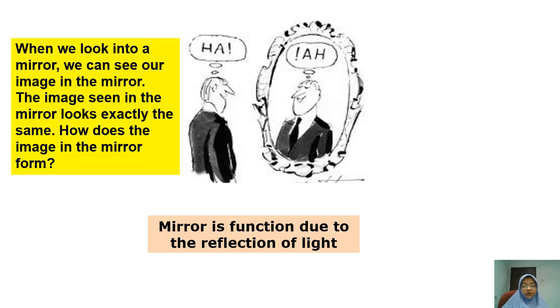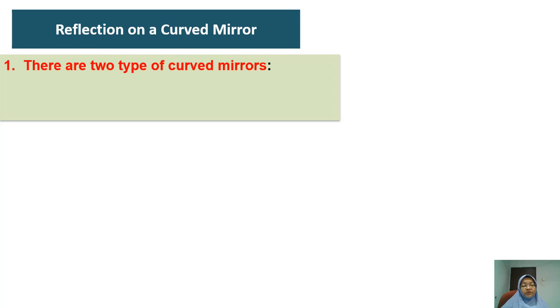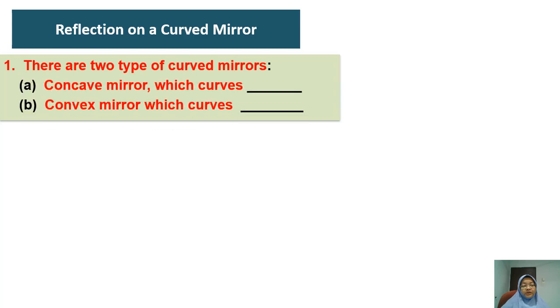So we are going to talk about the reflection of light by using a mirror, and specifically we will use a spherical mirror. Reflection of the curved mirror. There are two types of curved mirror. One is called concave mirror, another one is convex mirror.